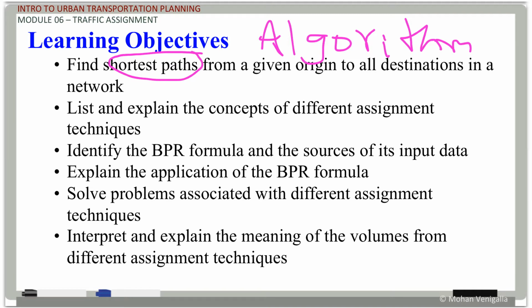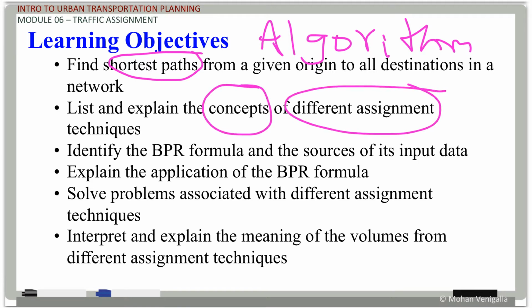is that you should know the different assignment techniques and be able to explain the concepts behind them. And there is something called the capacity constraint or capacity restraint algorithm. In other words, when traffic increases on the road, speed decreases, right?